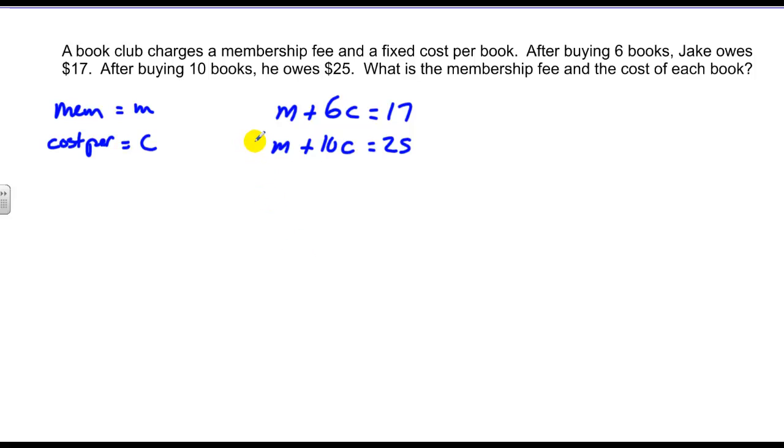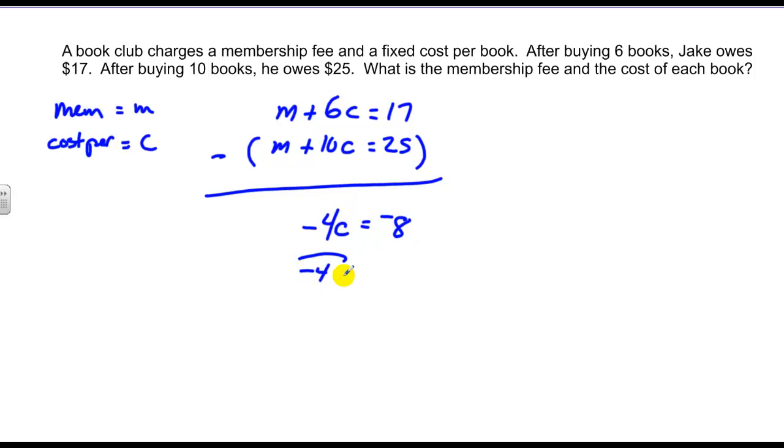This problem's set up nicely for subtraction. So M minus M is 0. 6 minus 10 is negative 4. And 17 minus 25 is negative 8. Divide by negative 4. And I get the cost per book is $2. I need to substitute that back up to get the membership fee.